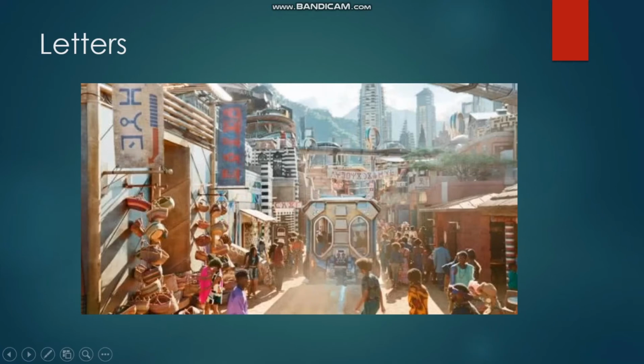And in this picture, we can see some letters, some words in Wakanda, although we don't understand. But according to this research, it's from the 4th and 5th century Negro hieroglyphs.